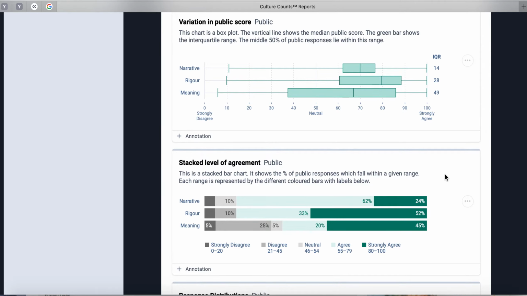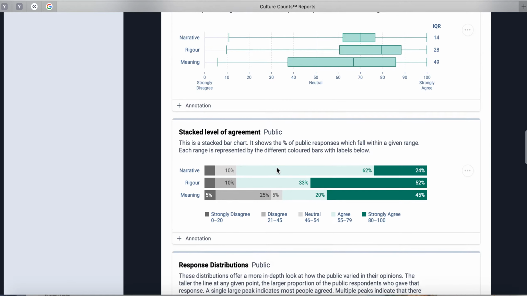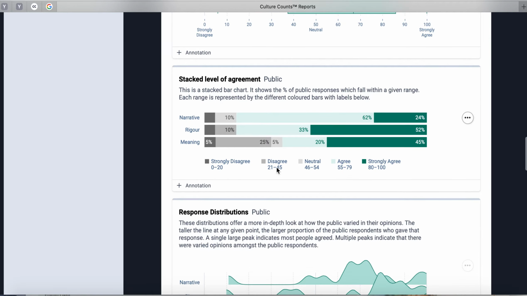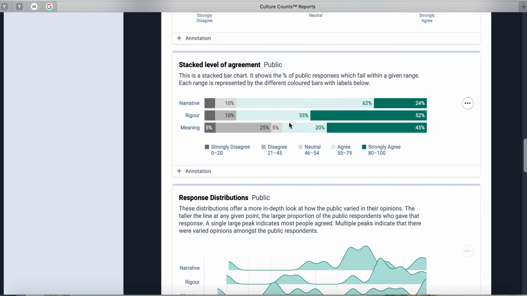The reason this is interesting is that we can see whether your audience members, the people that attended the work, members of the public, participants, whomever, were in agreement or not. I think it'd be pretty safe to say with this graph that the respondents were not really in agreement with each other. And that is reflected further when we look at this stacked level of agreement chart.